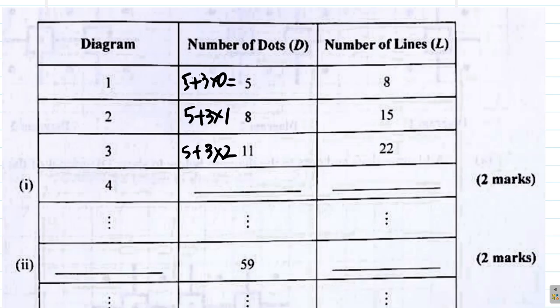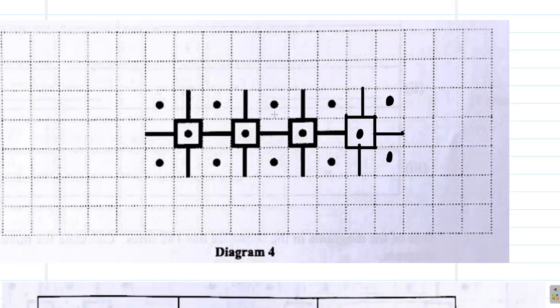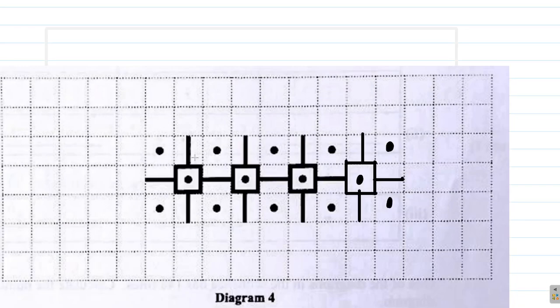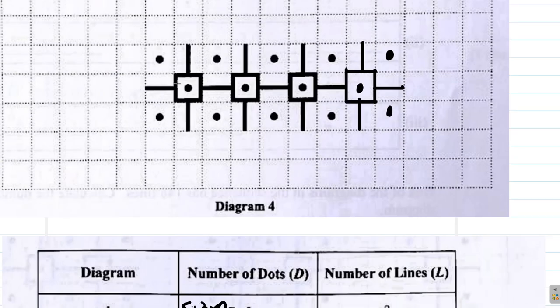What happens with diagram 4? How many dots do you have? 1, 2, 3, 4, 5, 6, 7, 8, 9, 10, 11, 12, 13, 14 dots.